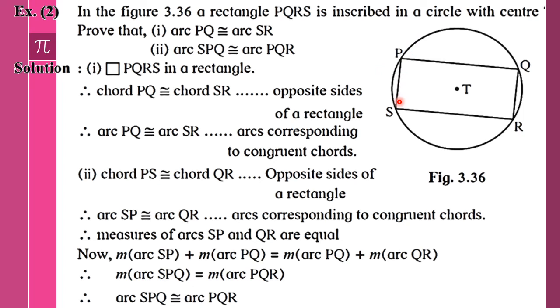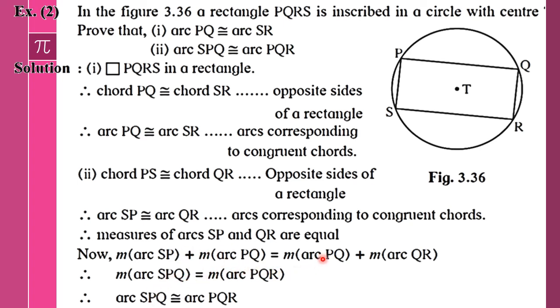Now the measure of arc SP plus the measure of arc PQ is equal to the measure of arc PQ plus the measure of arc QR. Since the measure of arc SP is equal to the measure of arc QR, on both sides I can add the measure of arc PQ and the equality will remain the same, correct? Now SP plus PQ is the measure of arc SPQ.